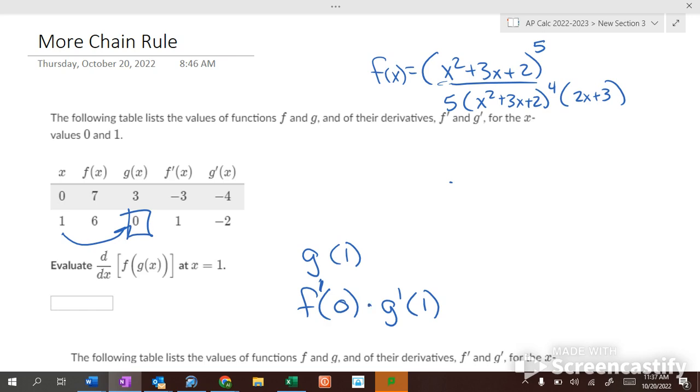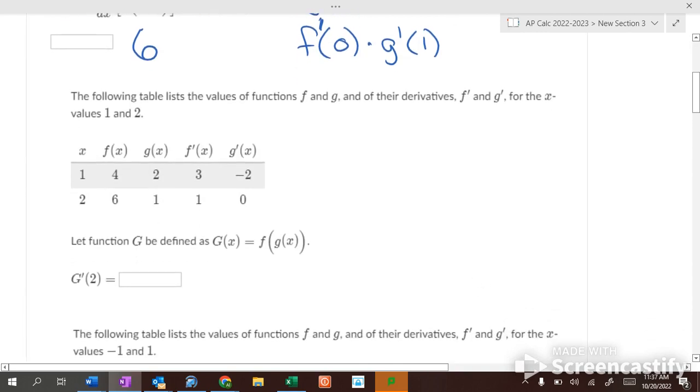Sorry about that. So, f prime of 0 is -3. g prime of 1 is -2. What's -3 times -2? 6. So that's a chain rule using tables.